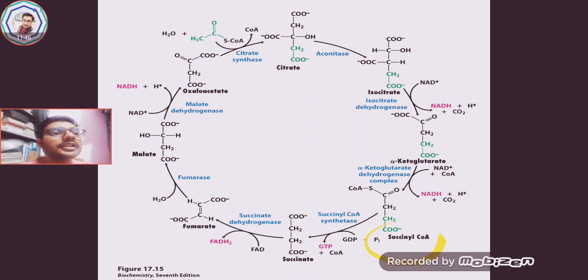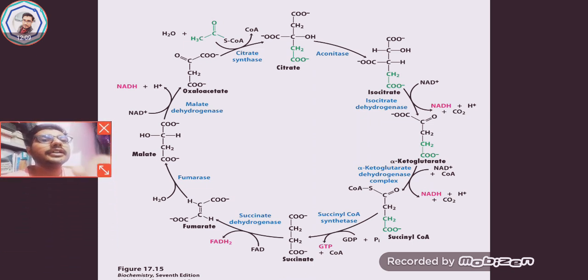Succinyl coenzyme A will be converted into succinate with the help of succinyl coenzyme A synthetase. Succinate will be converted into fumarate with the help of succinate dehydrogenase, and fumarate will be converted into malate with the help of fumarase. Malate will be converted into oxaloacetate with the help of malate dehydrogenase. And then finally the oxaloacetate will be converted into citrate again with the help of citrate synthase.